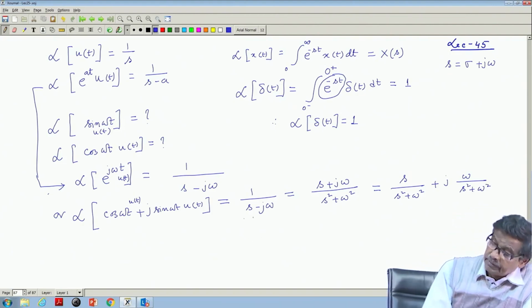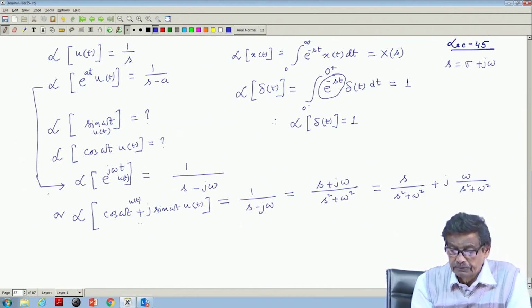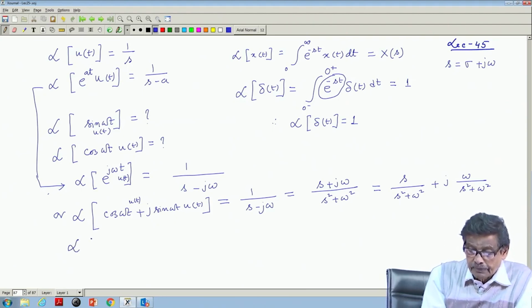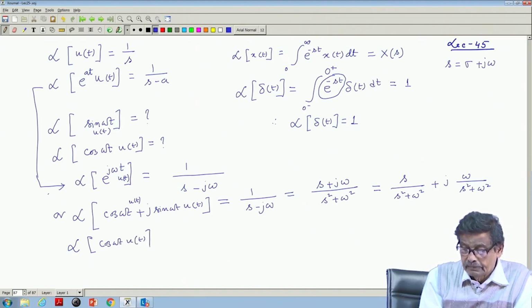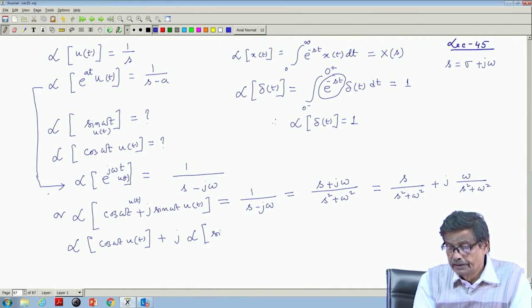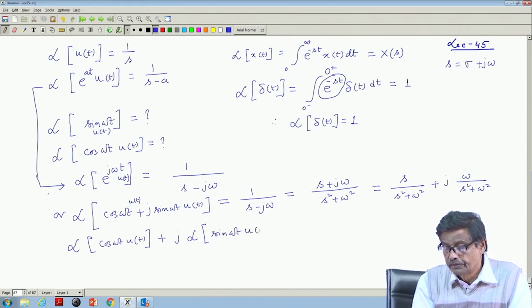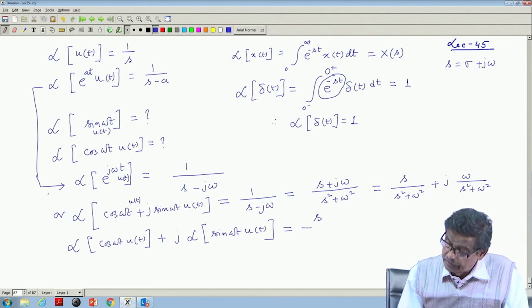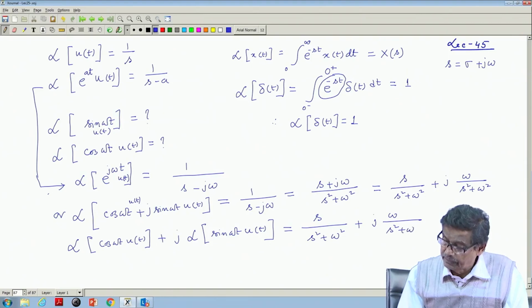So, this can be written as the Laplace transform of cos omega t u(t) plus j times the Laplace transform of sin omega t into u(t), and we have got this to be equal to s by s square plus omega square plus j omega by s square plus omega square.